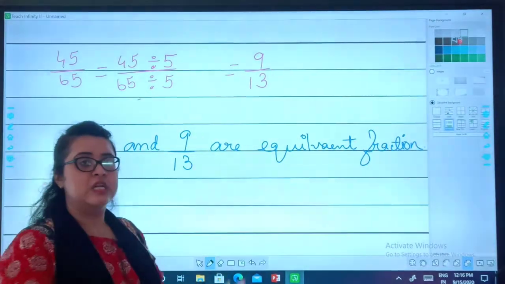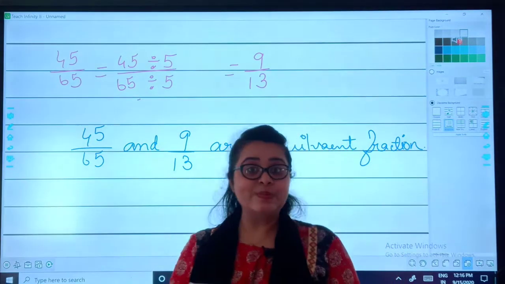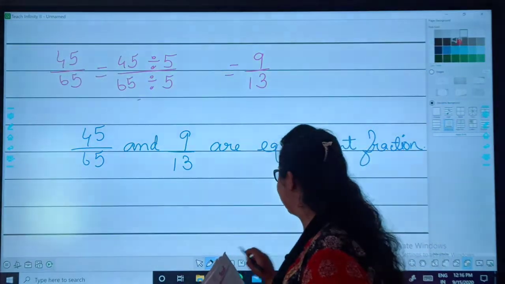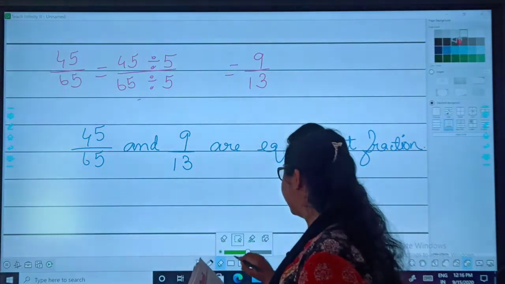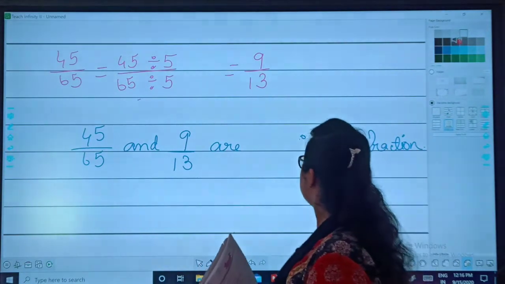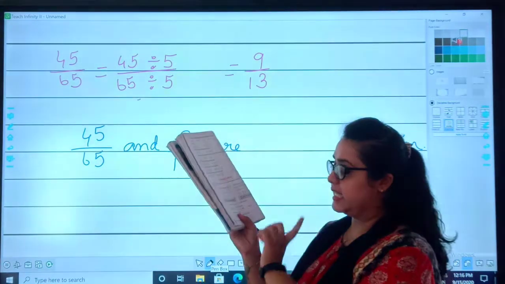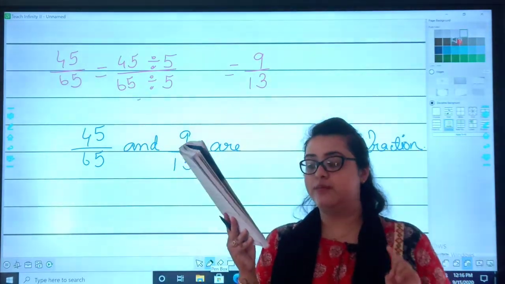Okay students, you got what are equivalent fractions? You enjoyed it students? Or I can write this way that they are equivalent fractions, or I should use another word for it. You can see this type of example on page number 54.